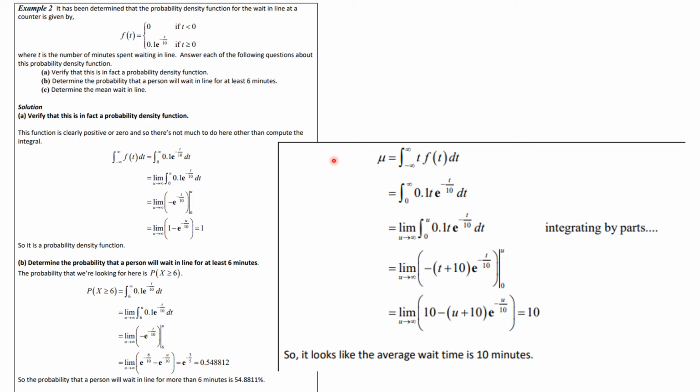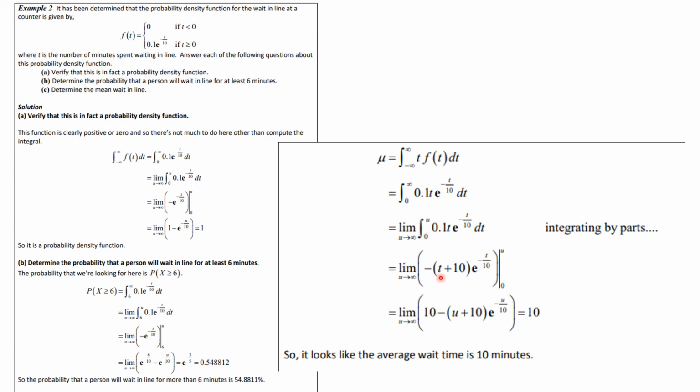Last thing we're trying to do is find the mean wait time. And so we're going to be integrating from minus infinity to infinity t times f of t dt. There's the t times f of t. And now we have to integrate by parts, which is another thing we studied. So we integrate this by parts. Make sure you are following this calculation.